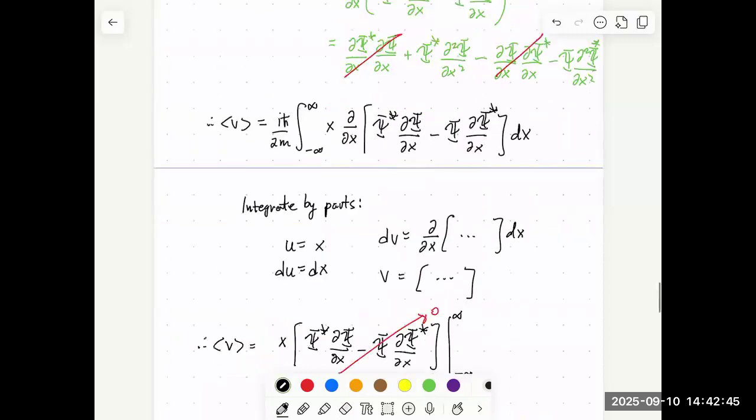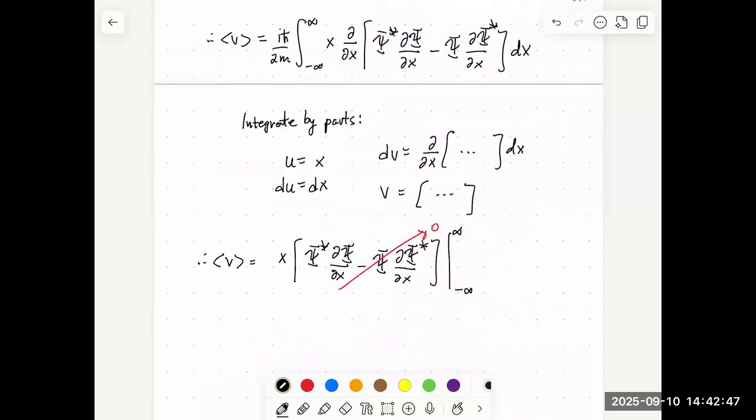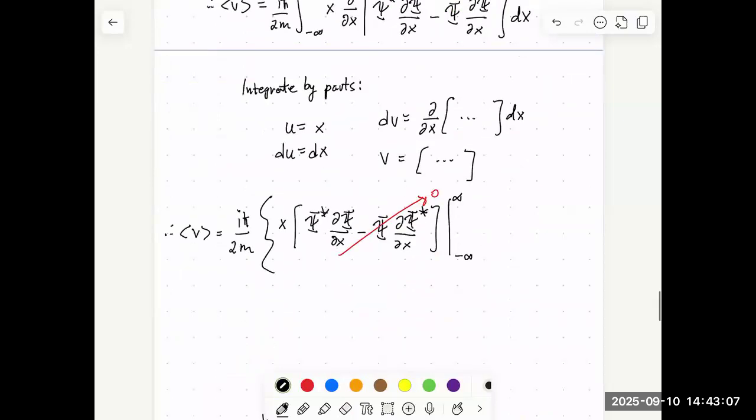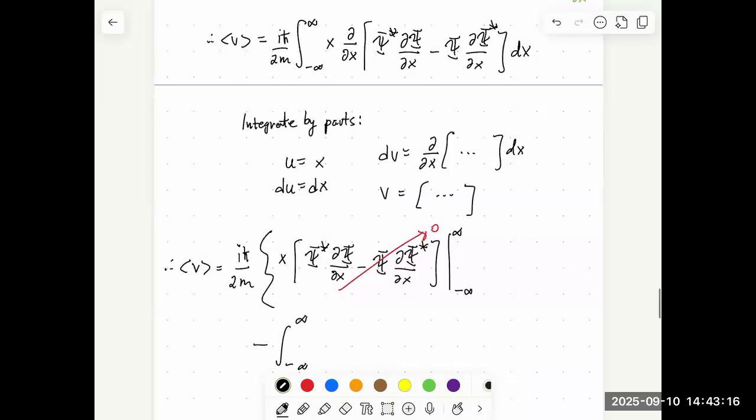Integrate by parts. Yeah, so you're right. So this is still going to have a factor of i h bar over 2m. And that's going to multiply also the v du that we're about to do. So then we have to do minus the integral from minus infinity to infinity of v. V is everything that was in the square brackets.